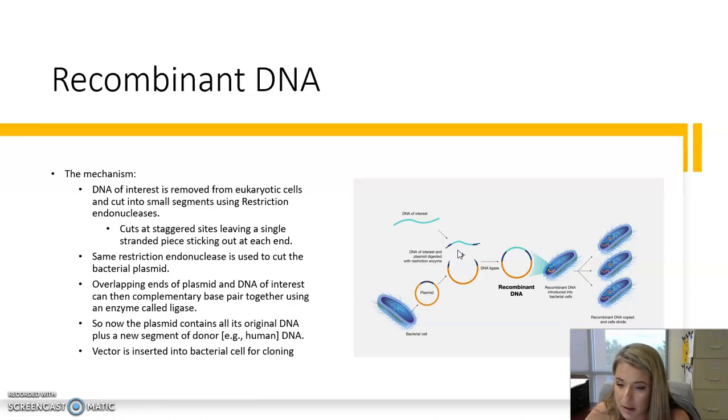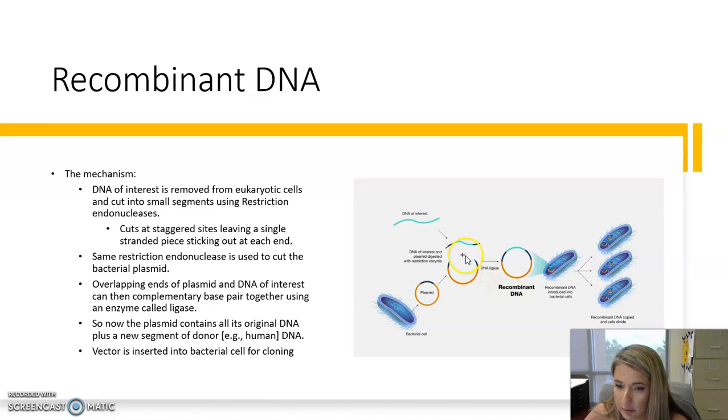Remember, DNA is meant to be double-stranded, so if at any point it's single-stranded, it wants to reconnect with its matching nucleotides. So the A's want to be with the T's, and the G's want to be with the C's. So having these little sticky ends in the human DNA and the same sticky ends present in the bacterial plasmid allows the two to connect and form this recombinant DNA.